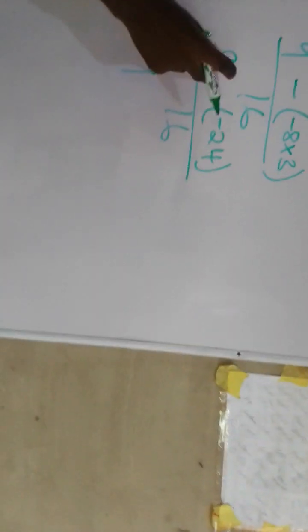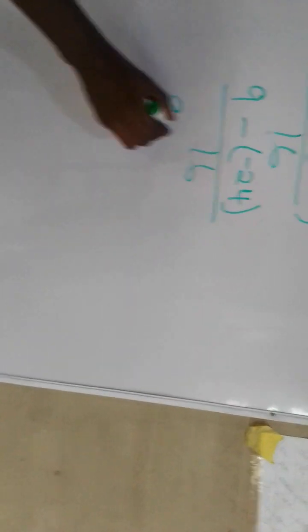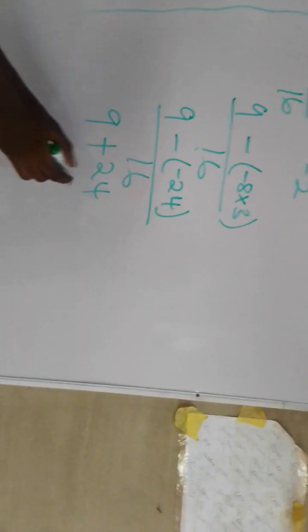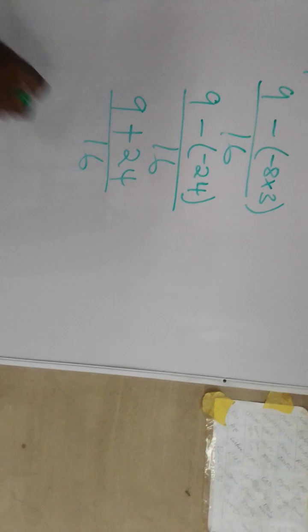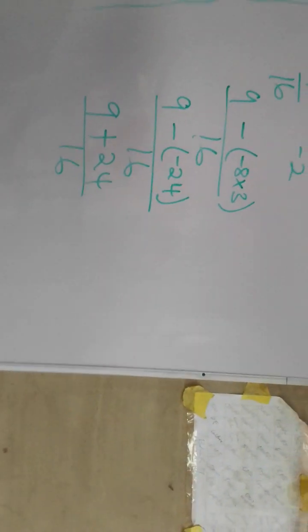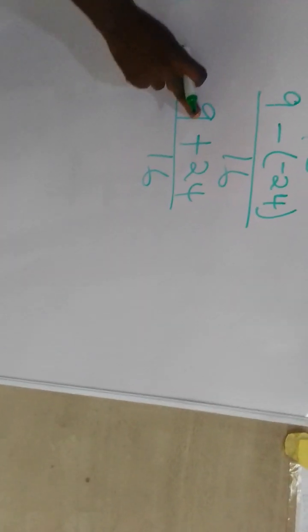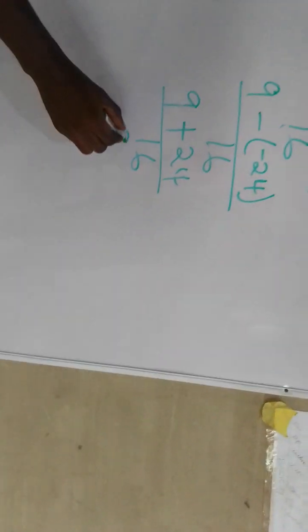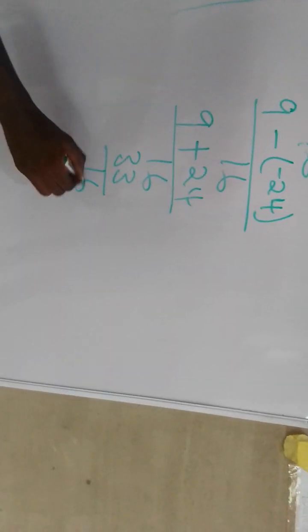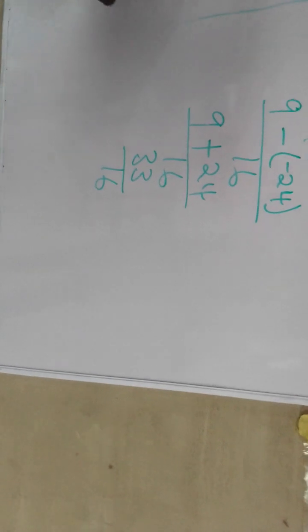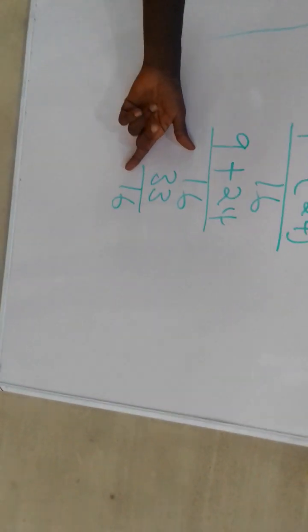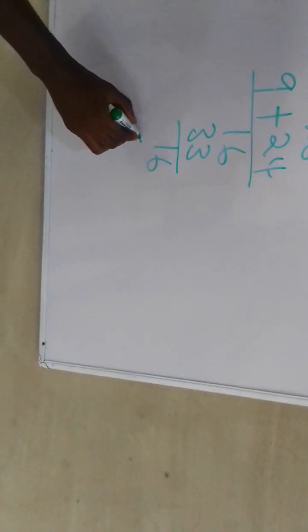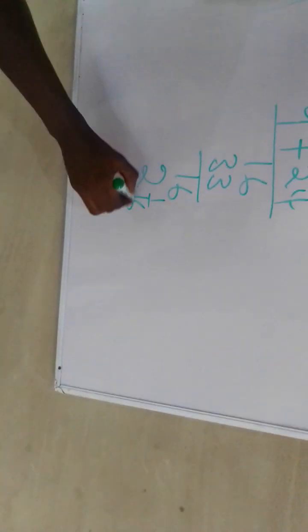Now, negative times negative gives us what? Positive. So plus 24 all over what? 16. Now, 9 plus 24 will give us 33 over 16. So, try and leave your answer in simplest form. That will give us 2 whole number 1 over 16.